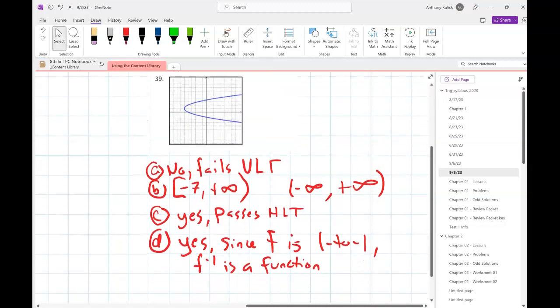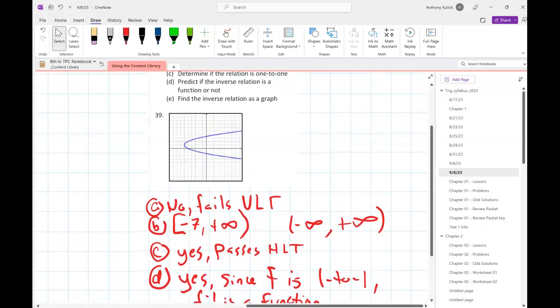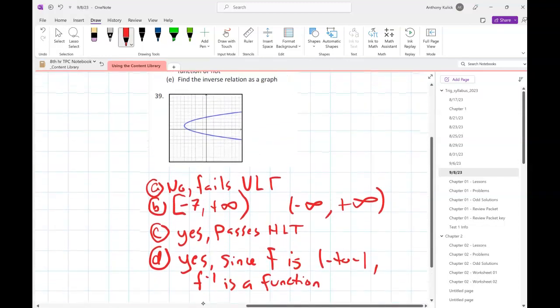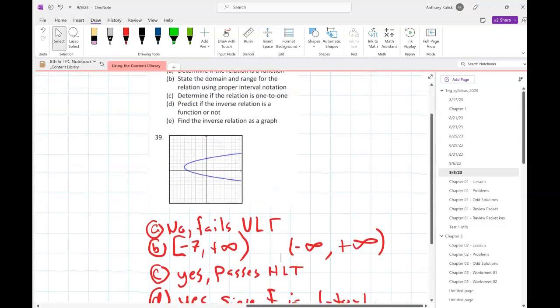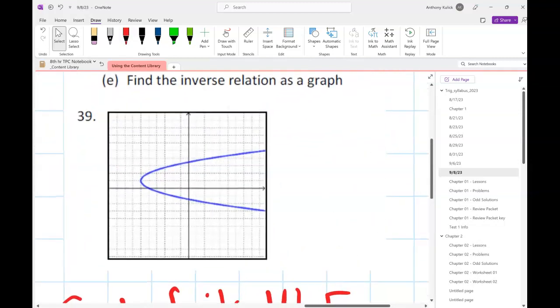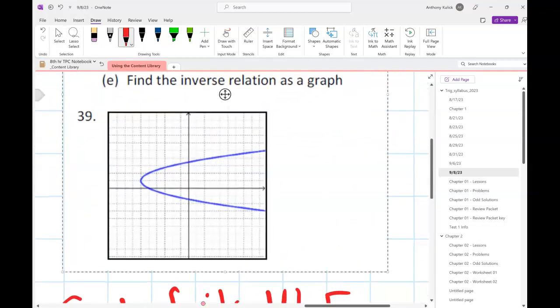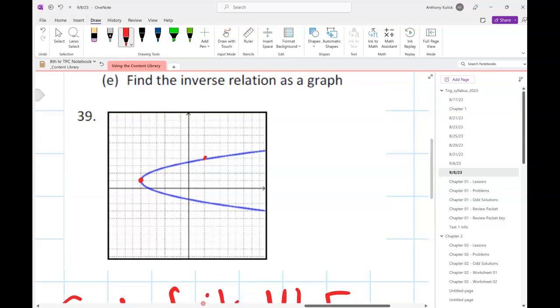And then the last part, E, asks us to graph or draw the graph of the inverse. So I'm just going to pick a couple of points here to use. I'm going to pick these ones because they look like they happen at whole number values. So this was 1, 2, 3, 4, 5, 6.